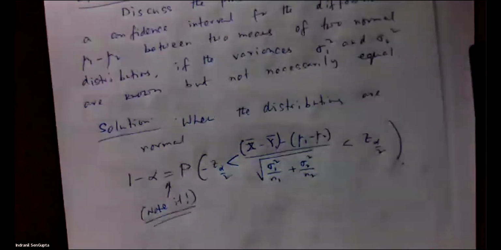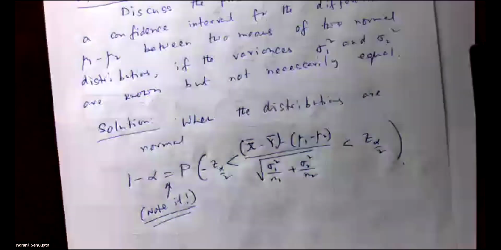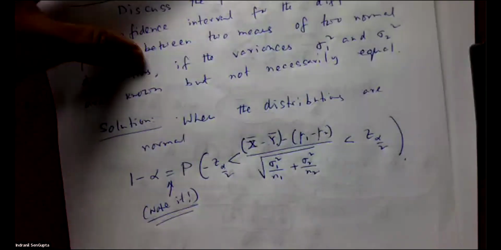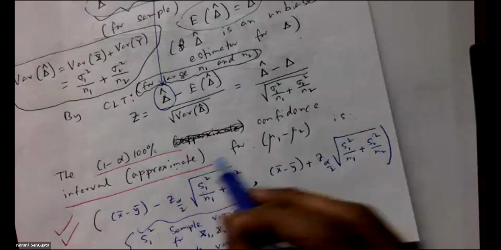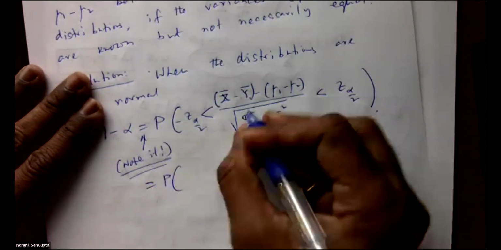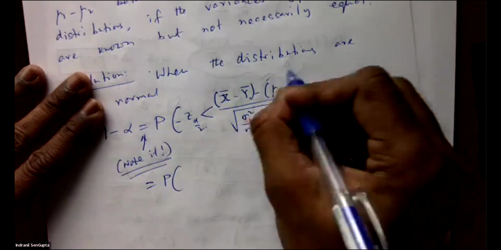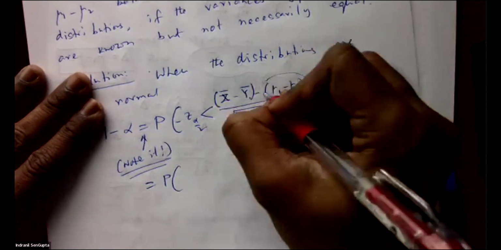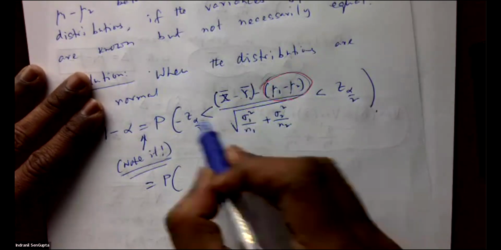By the way, if you don't like it, another way to write it is exactly what I had before. It's basically this interval. So let me just write it. So this is really the probability of, if I solve this for mu1 minus mu2, so I have to multiply with this one.